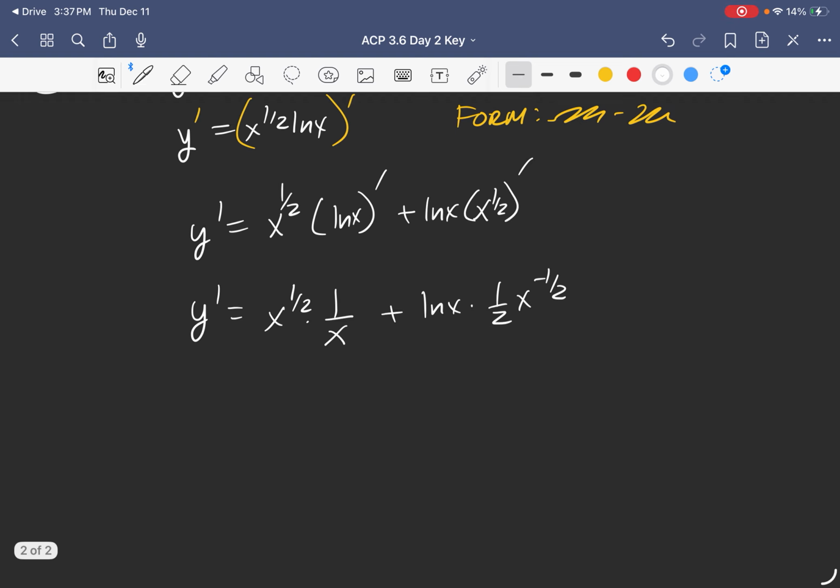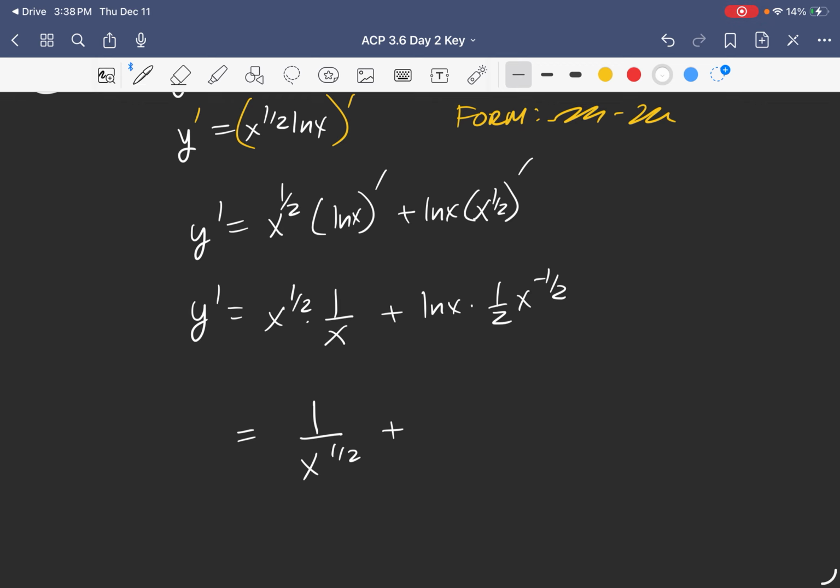And so I'm going to get, let's see, so what we really have is 1 over x to the 1/2 plus, and over here we get, let's see, so this should be 1 over x to the 1/2.